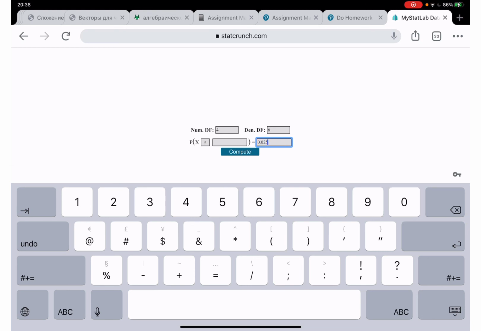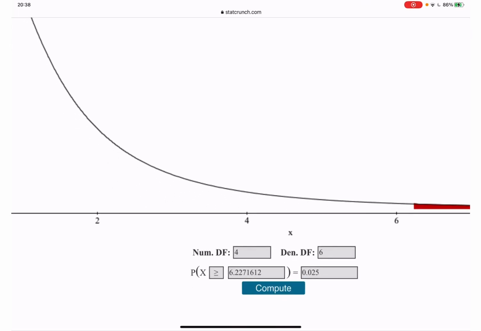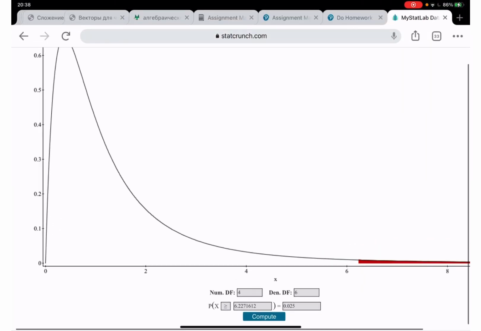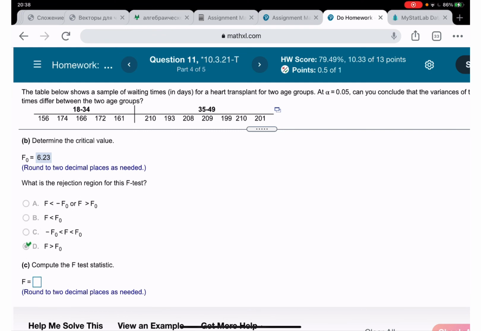Because it's 2-tail, I'm splitting. And let me see, I'm getting 6.23. I got the answer this way, 6.23. So obviously the rejection region is going to be greater than.